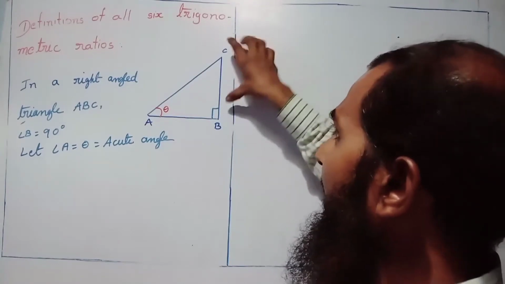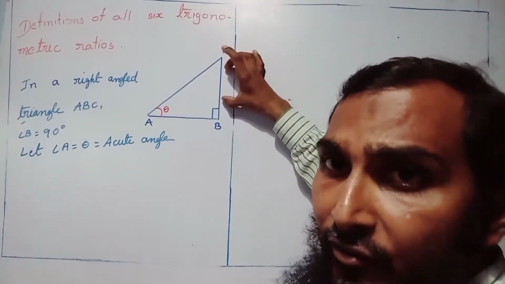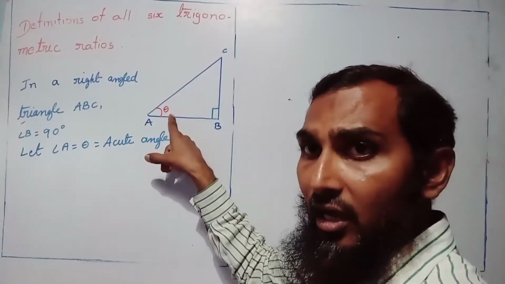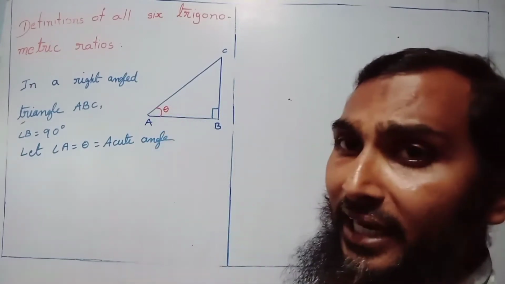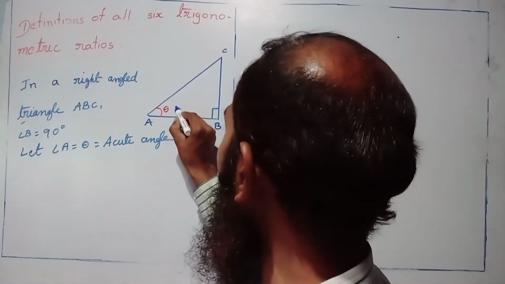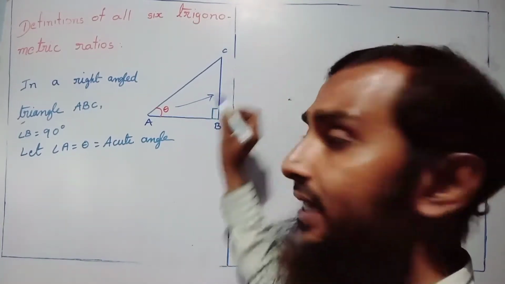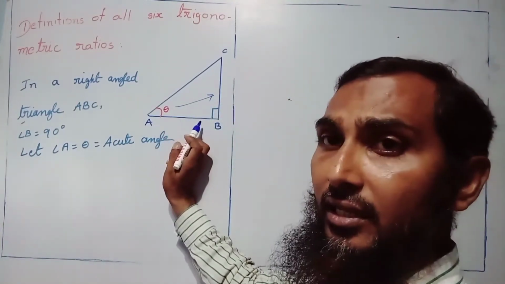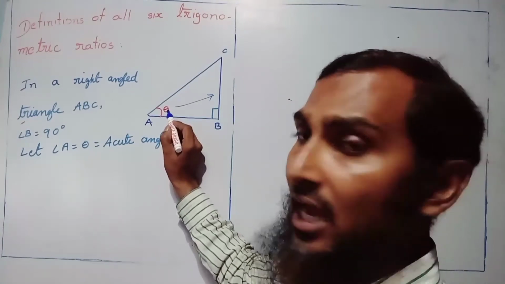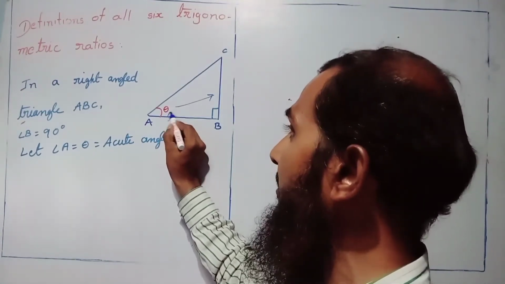What is the position of BC with respect to theta? It is appearing directly, clearly. It is the opposite side. So BC is the opposite side. What is AB with respect to theta? It is the adjacent side.